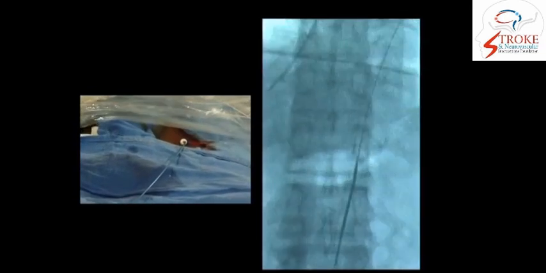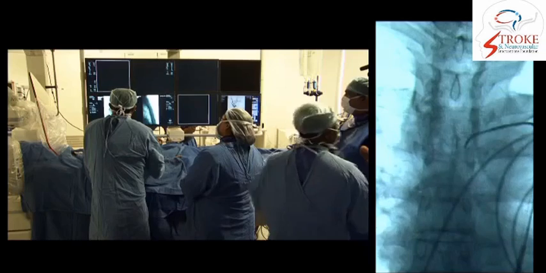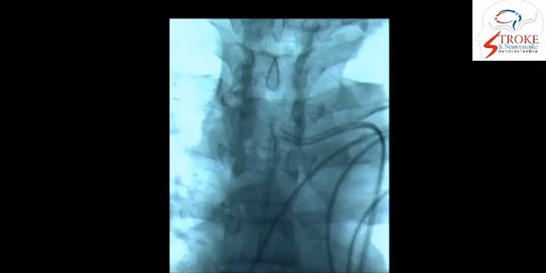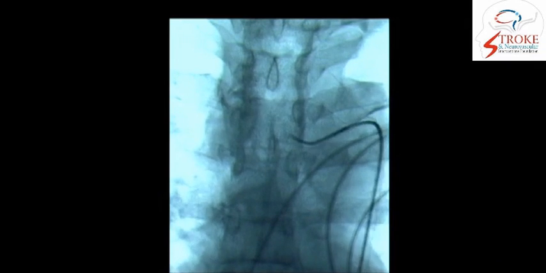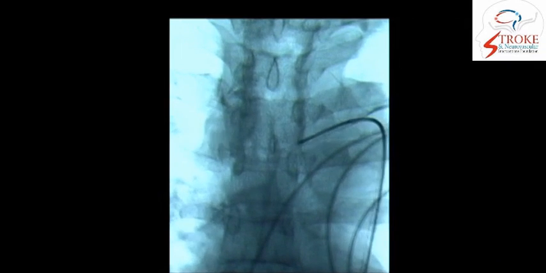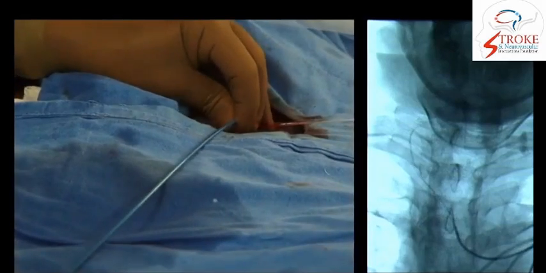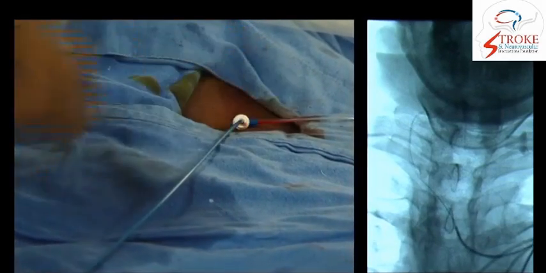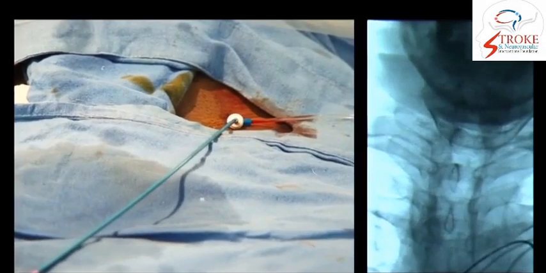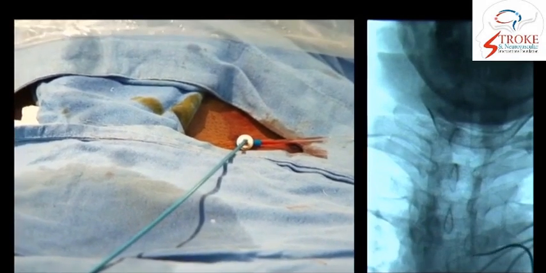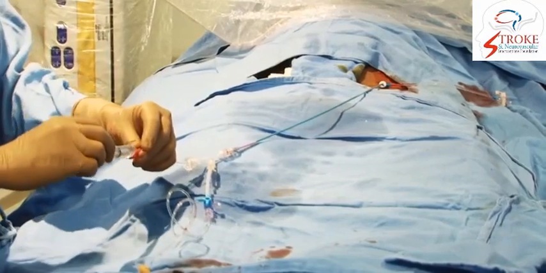So you can see the soft tip catheter we are trying to place, but you can see there is significant ectasia and tortuosity, and the wire is not able to support the diagnostic catheter. To take the wire up can be dangerous because of the underlying stenosis.